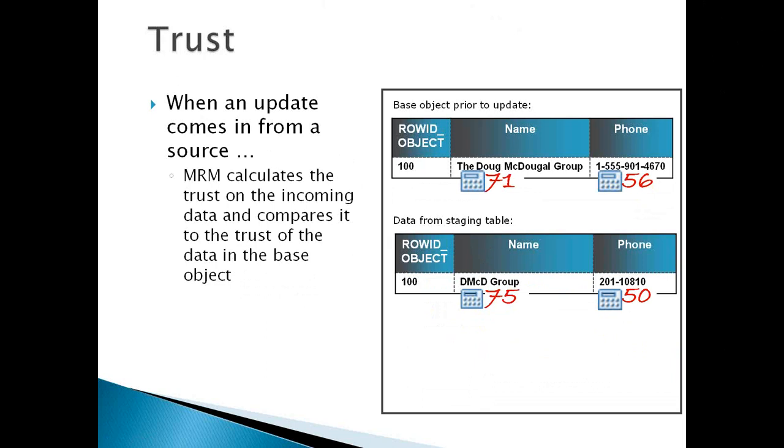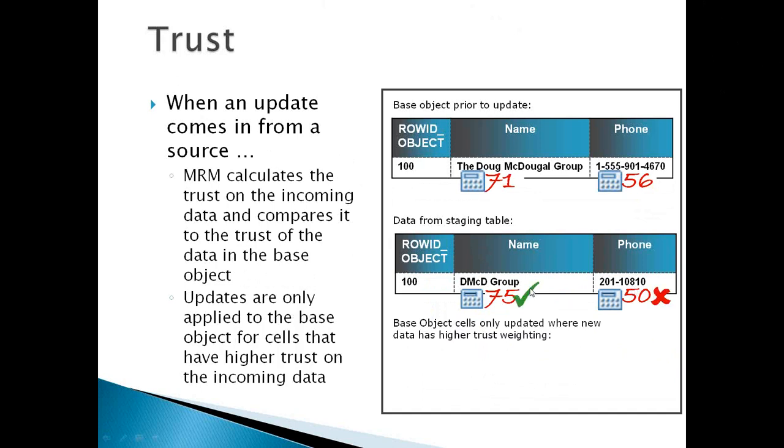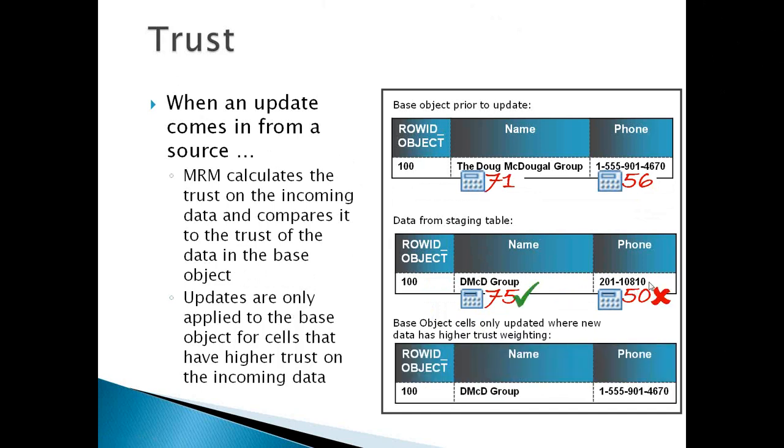When I loaded the data from my staging table, again it calculated the trust and the validation rule was done. Based on that, it came up with numbers: for the name it is 75, but for the phone number it is 50. So in this case, it will just promote the name into the master record. The phone number will not get promoted into the master record.